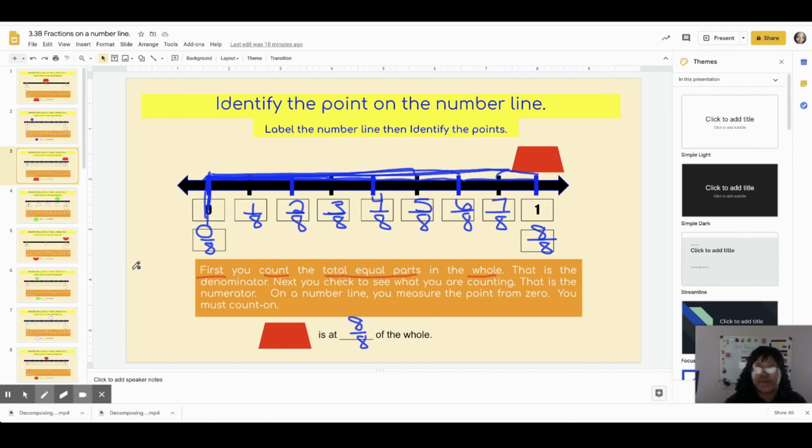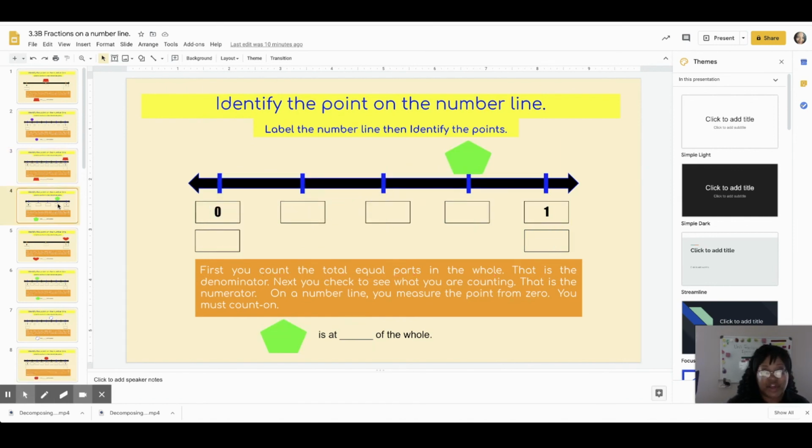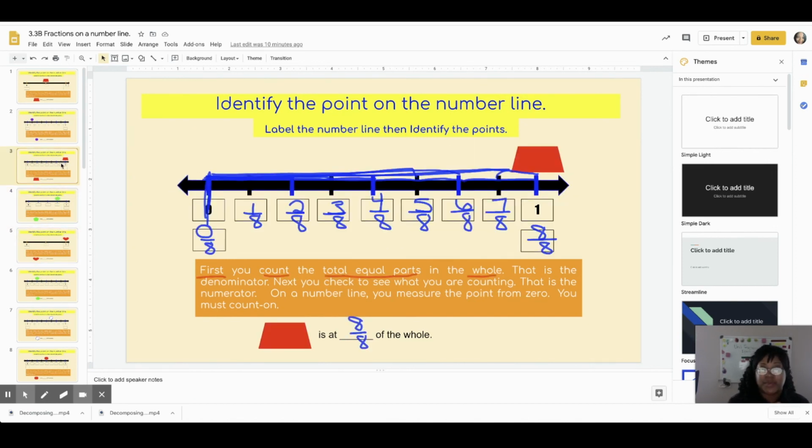All right, I want to see if you can do this activity. Always remember to sing your song. You sing your song, it's going to help you. All right, so we will check these in small group, and hopefully I know you're going to get them all right.